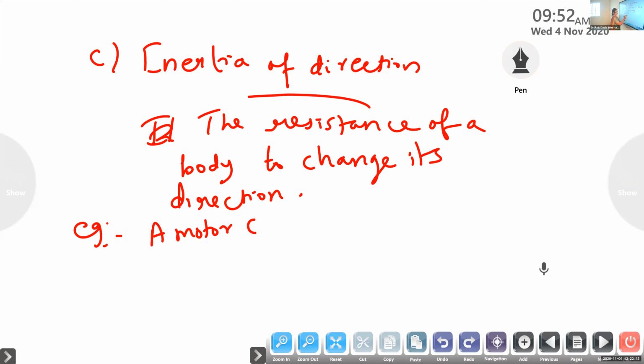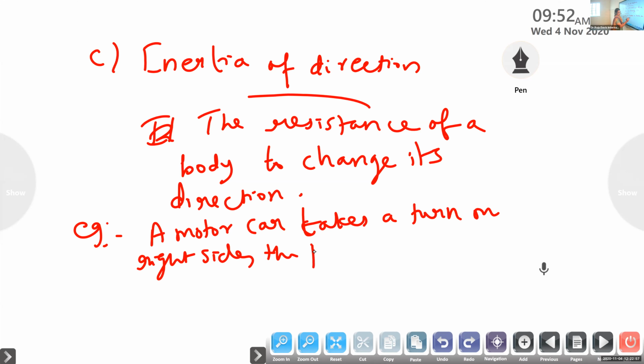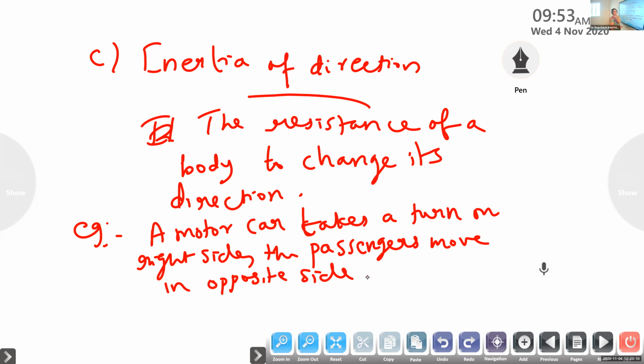A motor car takes a turn on the right side, the passengers move to the opposite side. Why? Because the body of the passengers resists turning to the right side. So that is an example of inertia of direction.